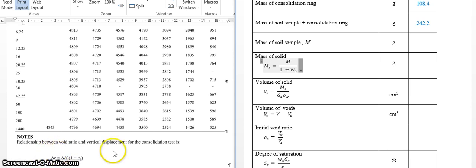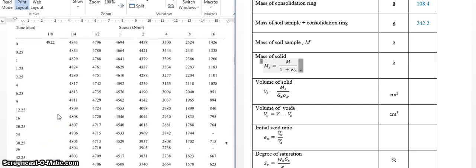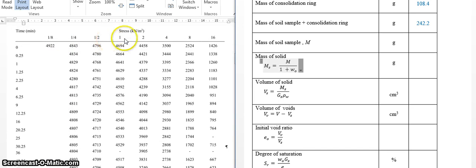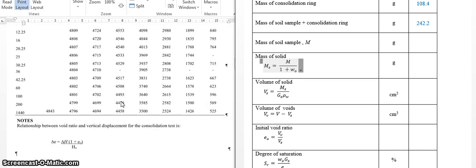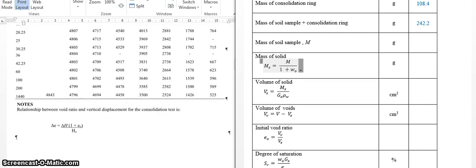So you get the new void ratio. So what you want to do with the results? You have to check for every different stress. It means that you have the delta void ratio for different stress. You get 8 new void ratios and also 8 stresses, so you can plot the graph.